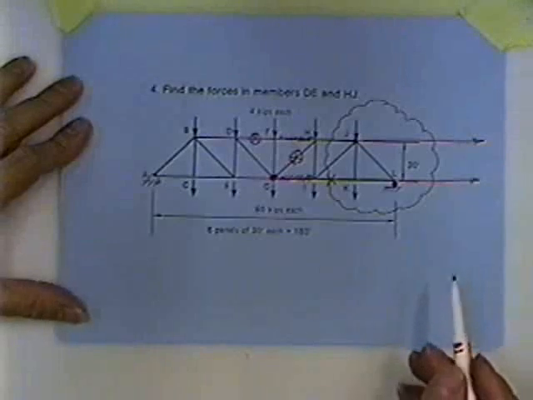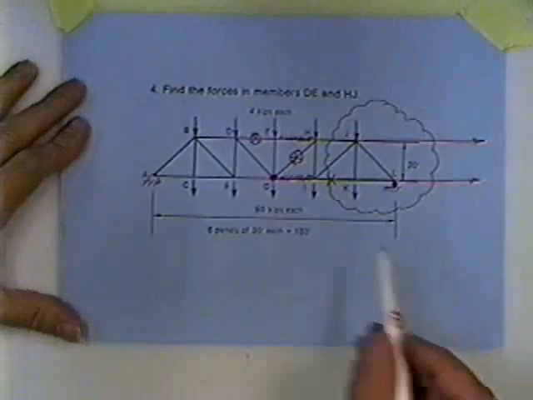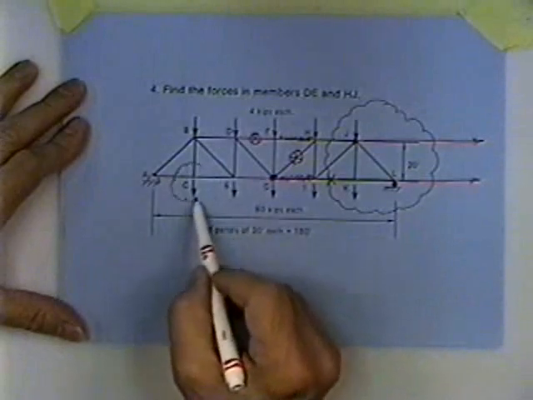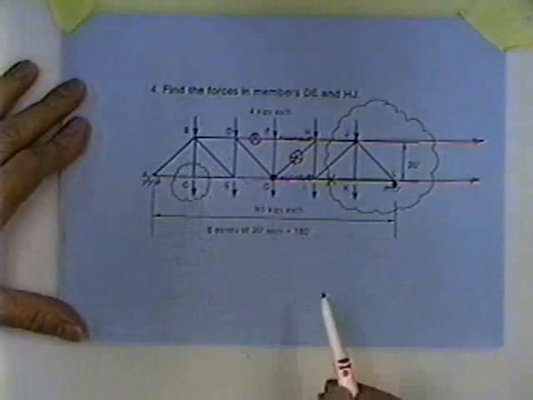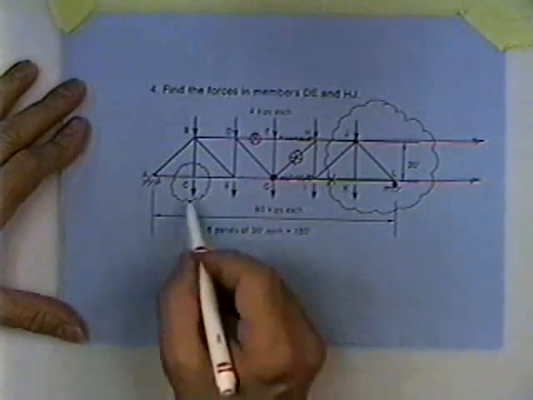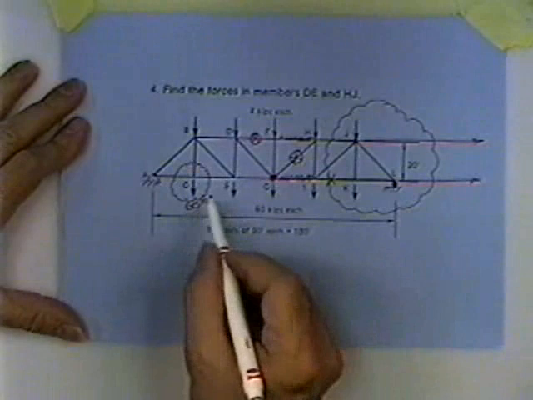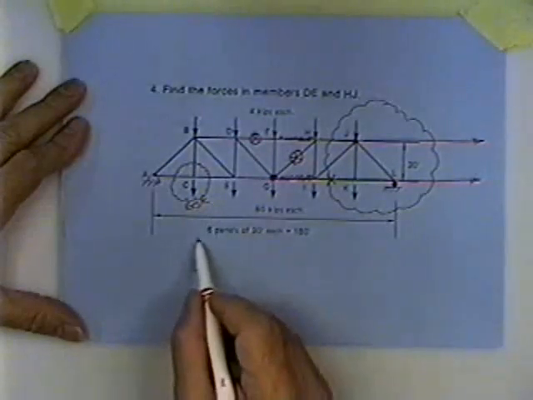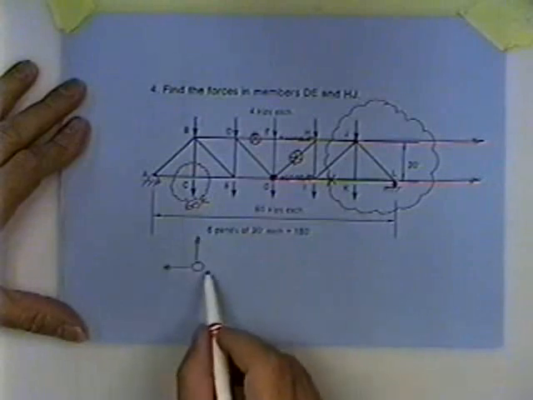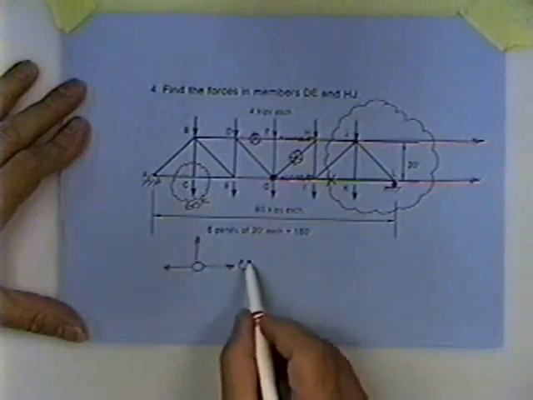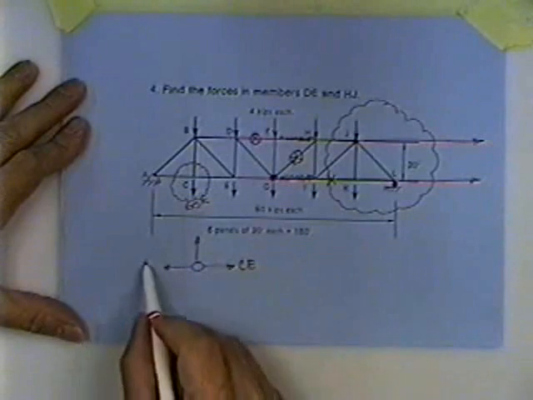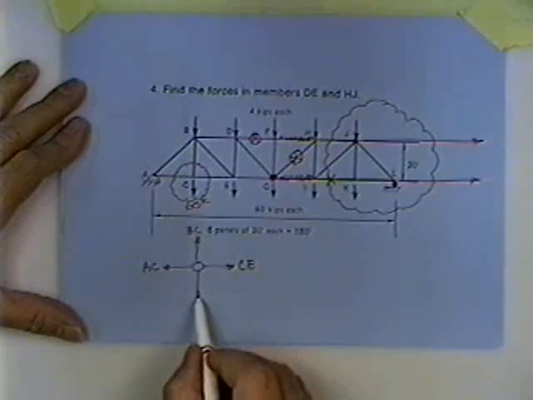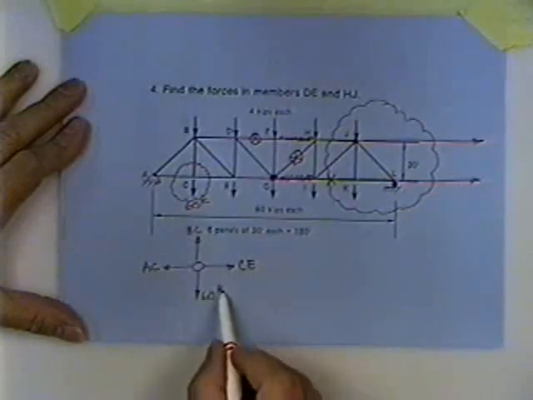Now there's a few of them you can get in a hurry, like joint C. Joint C, you can find the answer in a hurry because you draw a free body of joint C. There are three unknowns that come into the joint, but only one of them resists the force.